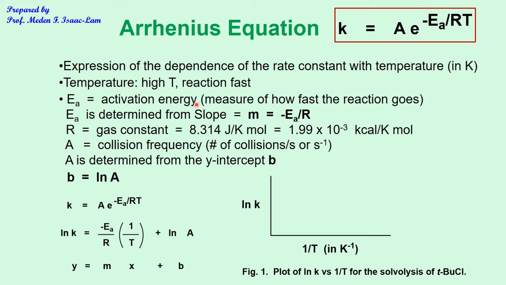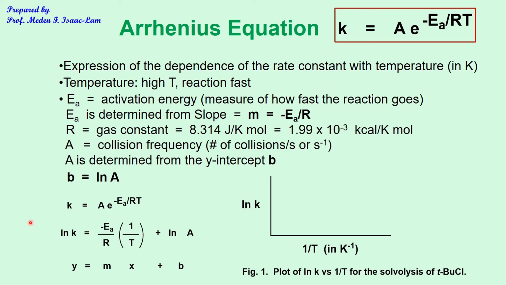It is the measure of how fast the reaction goes. R is the gas constant, which is equal to 8.314 joules per Kelvin per mole, or 1.99 times 10 to the minus 3 kilocalories per Kelvin per mole. Temperature is in Kelvin. The higher the temperature, the reaction is going to be faster.